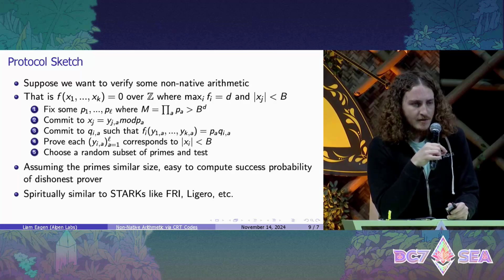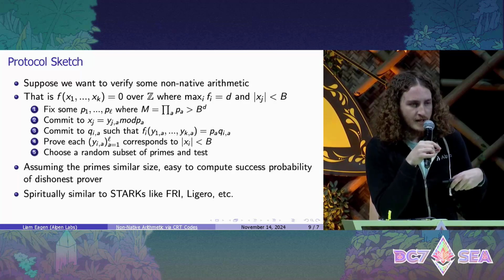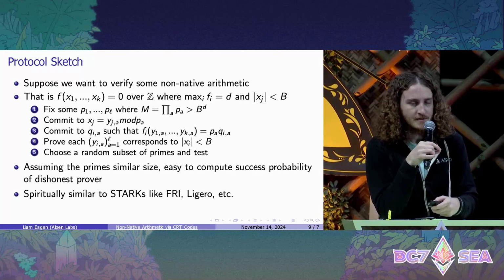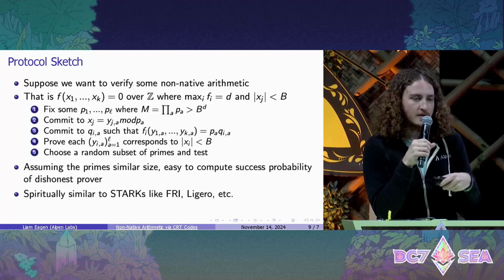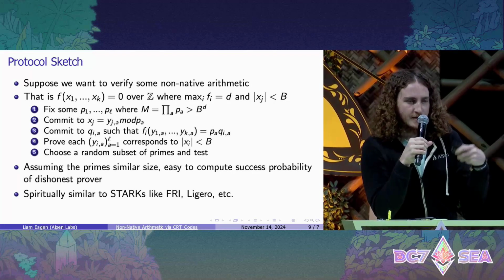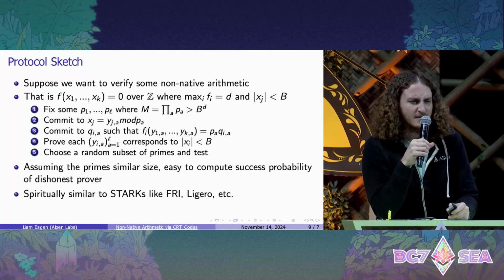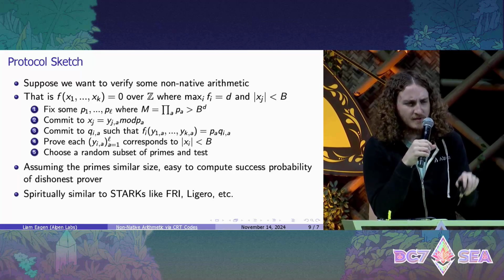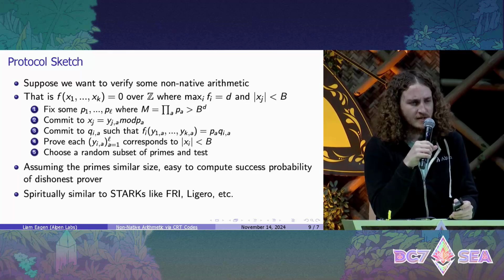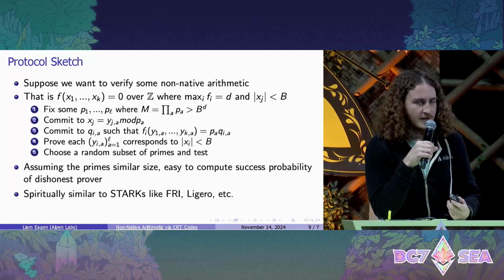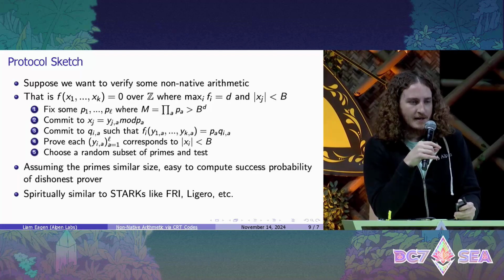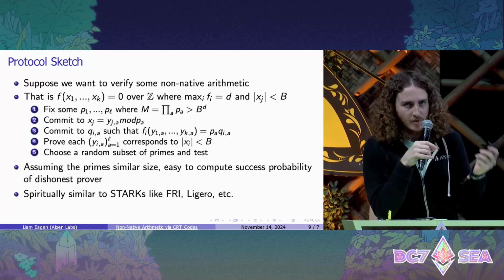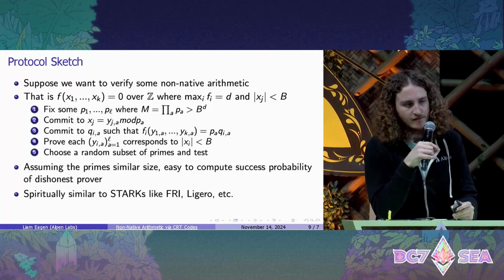And then you encode your integers mod all the small primes, as we described, and also provide quotients for the evaluations of these functions. I guess as written, those should all be 0, so maybe there's a slight confusion there. But yeah, you prove your encoding of all of the integers is within its appropriate range. And then you choose a random subset of the primes to test the relations over.